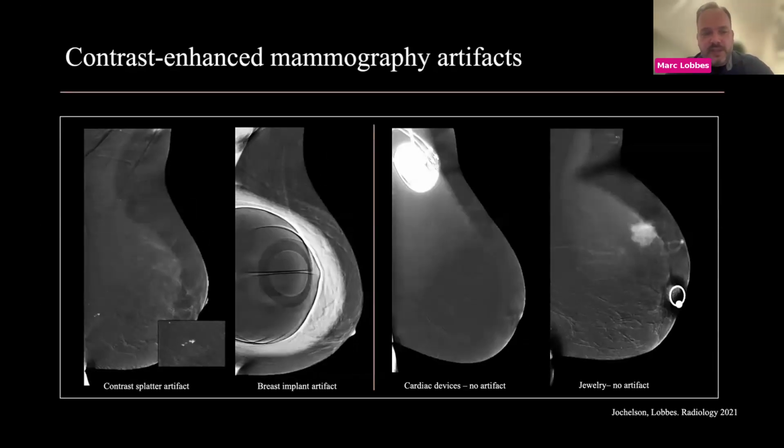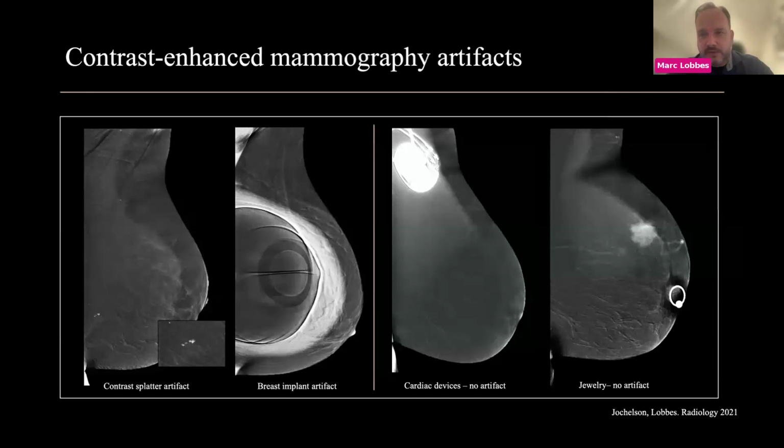Now, you can see here on the left an image example of contrast splatter, and you can imagine that on the low energy images, this might look like microcalcifications in a small cluster. However, like I told you just several minutes ago, it's in the basis of subtracted image. So when you look at calcification, they should turn up black on a recombined image, especially small, minuscule calcifications like the one we are looking for as a radiologist.